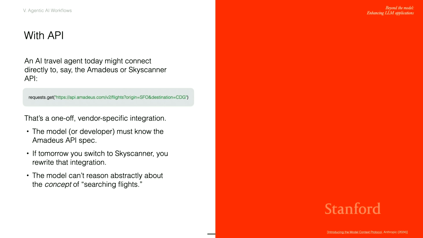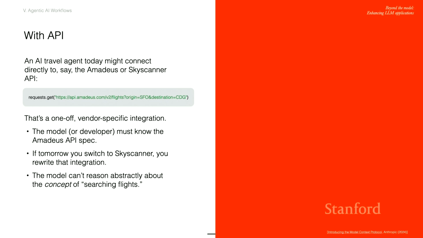So you would say, this is how you ping this API, and this is the data that it will send you back. And you would have to do that in a one-off manner. So you would have to build or sort of give the API documentation of your flight API, your booking hotel API, your car rental API, and then you would give tools for your model to communicate with those APIs.